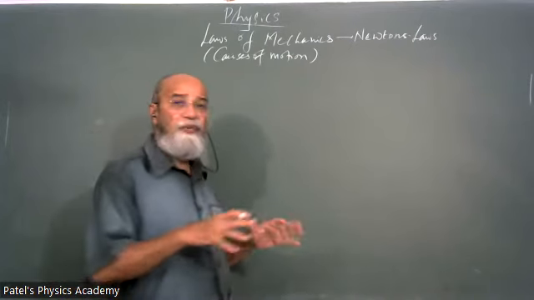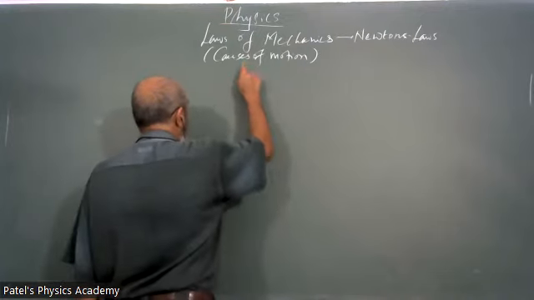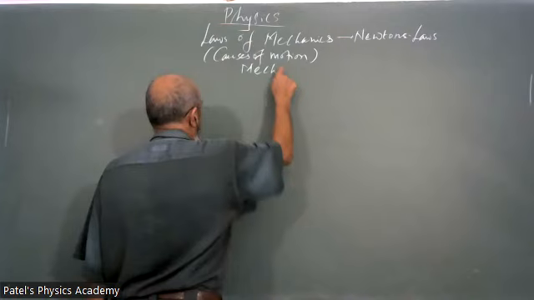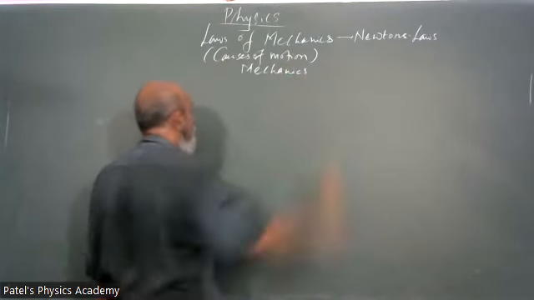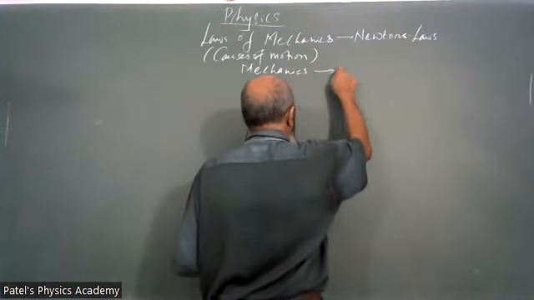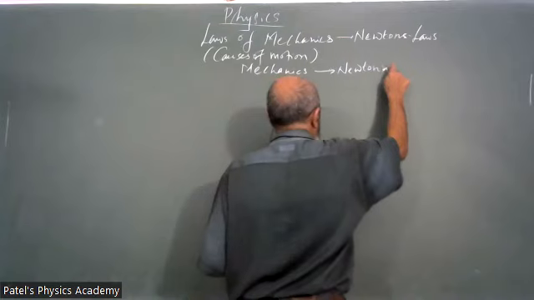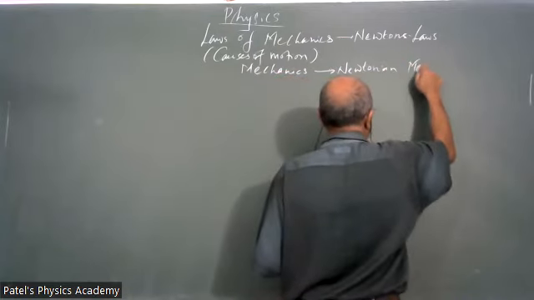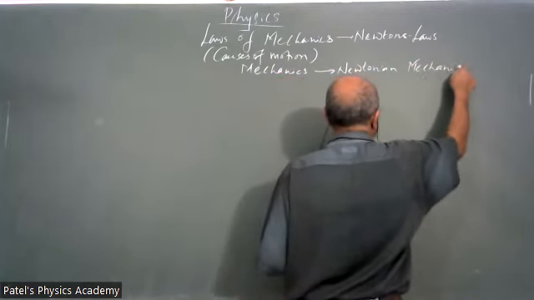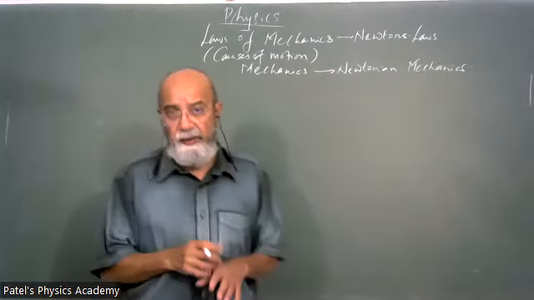It is now that we really are launching ourselves into what we call mechanics, often referred to in books as Newtonian mechanics, and some books refer to it as classical mechanics.